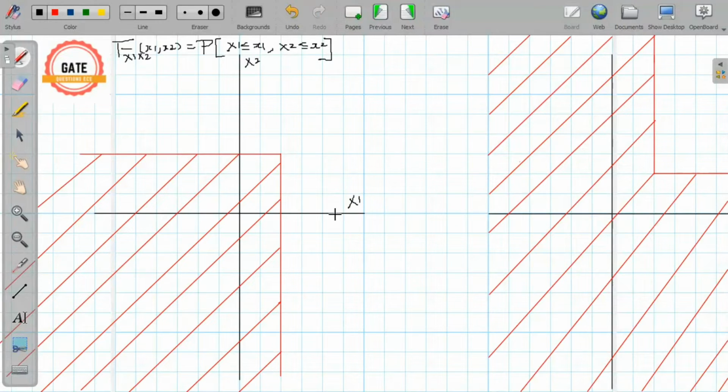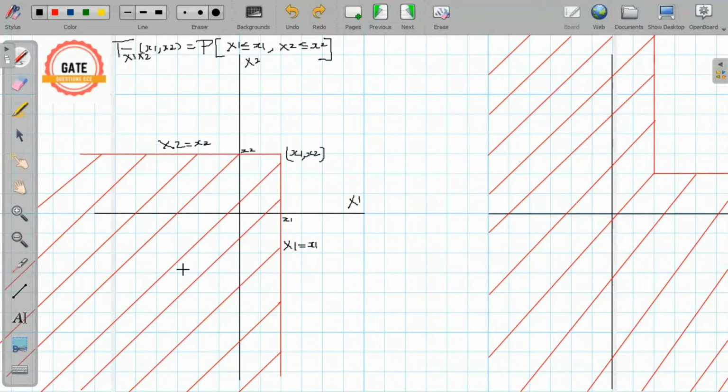Suppose this point on the x1 axis is small x1, and the line that is passing through this point is capital X1 equal to small x1. Similarly, on the x2 axis, suppose this point is small x2, and the line that is passing through this point is capital X2 equal to small x2, and the point of intersection of these two lines will be x1 comma x2.